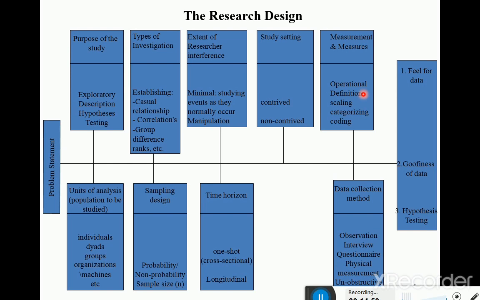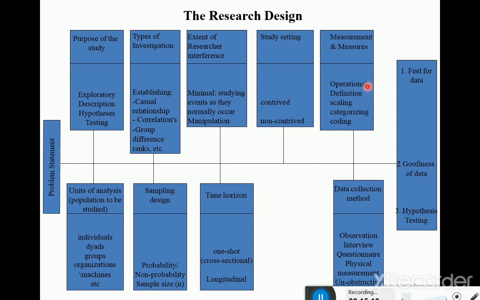Some of the variables we are not able to measure directly. So then what happens? Indirectly we have to measure. We have to use some techniques, and then we have to break down their measurement into different steps. That step is known as your operational definition.